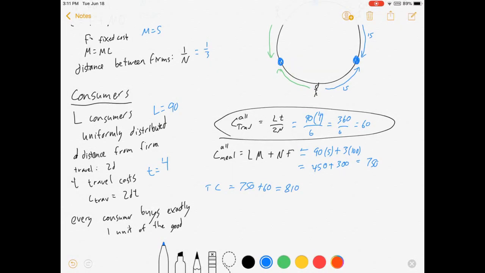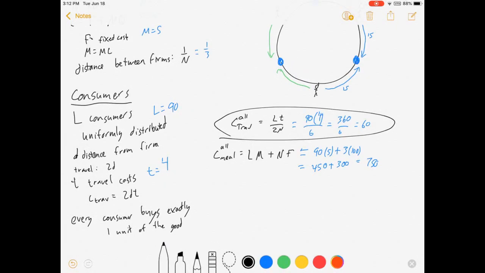Now, my question moving forward is, is there any way to lower the total cost to society? Now, it just so happens that out of convenience, I chose a good number, though not an integer number of firms. But let me show you how I would show that.